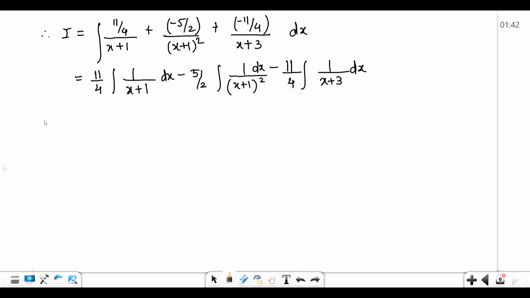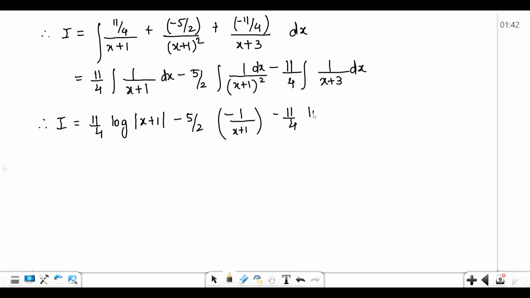Okay, so we'll write the final answer, that is 11 upon 4 log of x plus 1 minus 5 upon 2 log of, not log, here it will be minus 1 upon x plus 1, and minus 11 by 4 log of x plus 3 plus c.